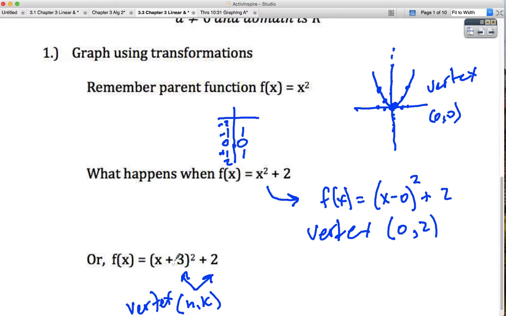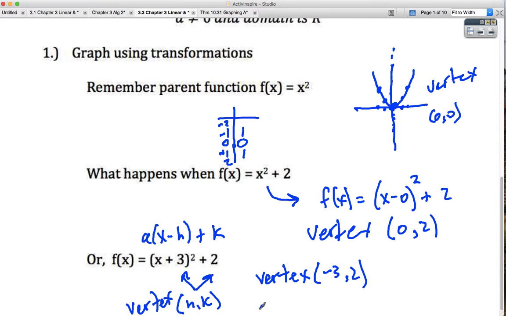I know that this is a plus, and it turned from the vertex form from minus to plus. So this has to be a negative. So I know my vertex will be -3, 2, or a horizontal movement to the left of 3 from the parent function, and then up by 2.